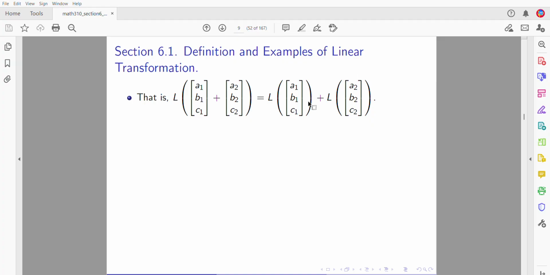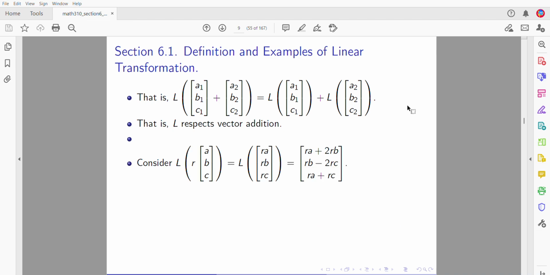Now let's try scalar multiplication. Multiply by a scalar, apply L. First coordinate plus 2 times second coordinate, second coordinate minus 2 times third coordinate, first coordinate plus third coordinate. Okay, we have applied the same formula.